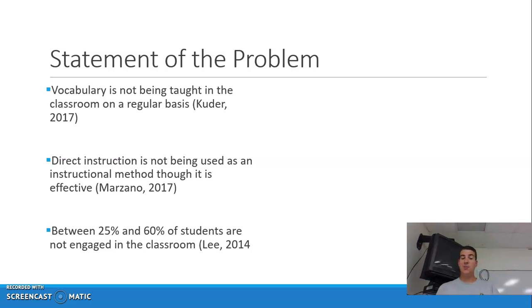Direct instruction is also not being used as an instructional method, though it is one of the most effective instructional methods. And engagement, between 25 and 60% of students are not engaged in the classroom on a consistent basis. And as students progress through their K through 12 education, this gets worse.